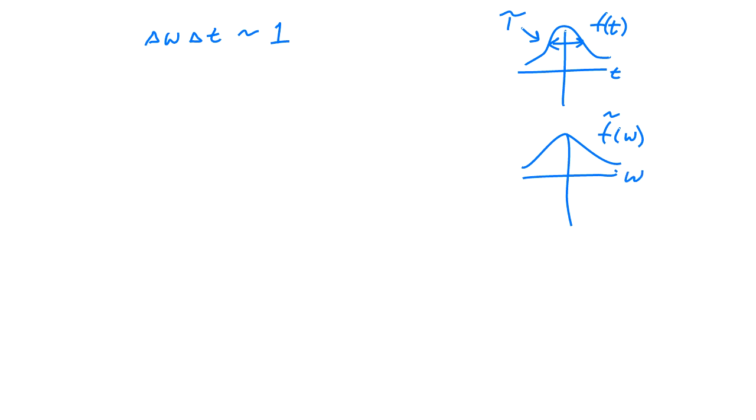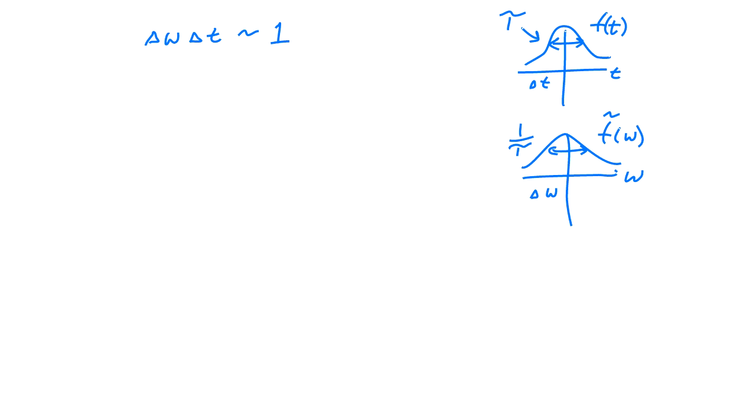The width here is going to be 1 over tau. So as you make the first one wider, the second one gets more narrow. And if the second one gets more narrow, the first one gets wider. So we can think of this width as the delta t, and we can think of this width as the delta omega. And if you multiply them together, they're basically a constant. And so they have inverse widths.